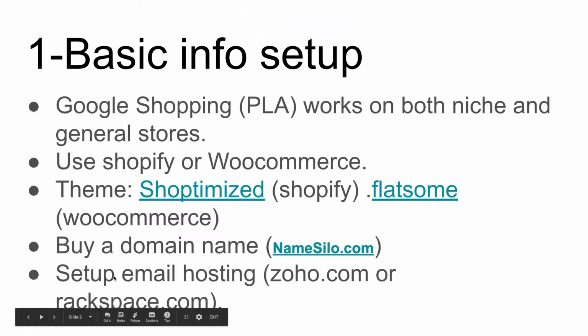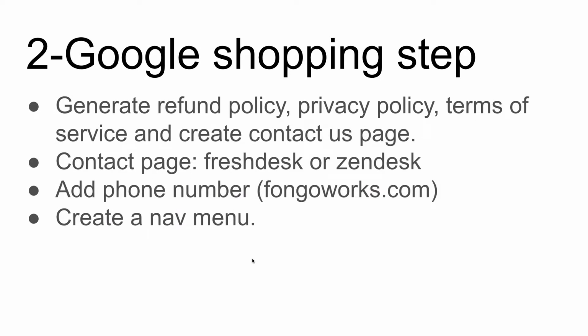Also, we're going to set up email hosting. After buying the domain name with NameSilo, you can buy email hosting with Zoho.com or with Rackspace. And step number 2, we're going to deal with generating the refund policy, privacy, terms of service, and creating a contact page. You have to do this step in order to be accepted by the Google Shopping Merchant Center.